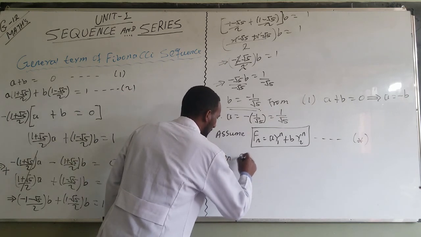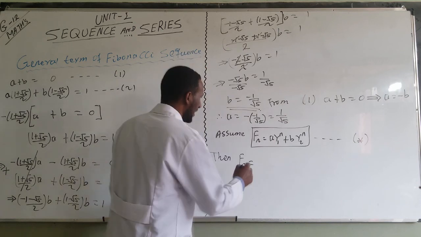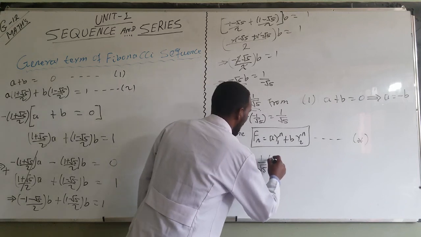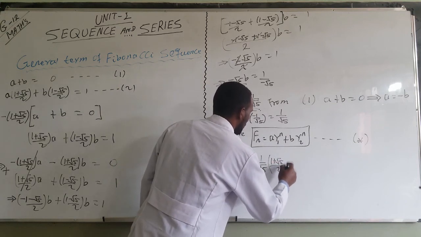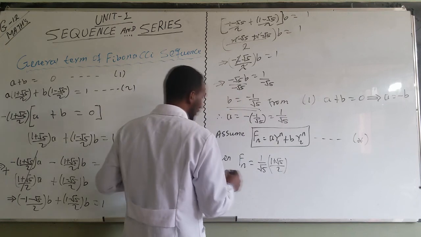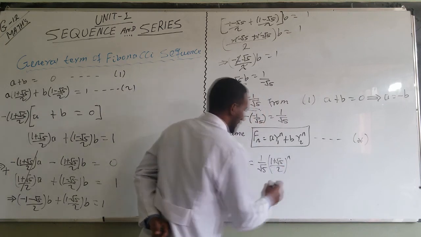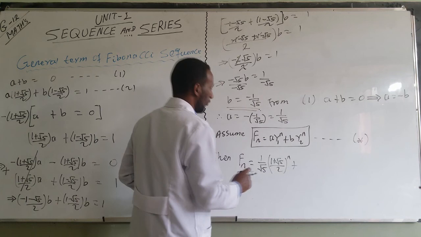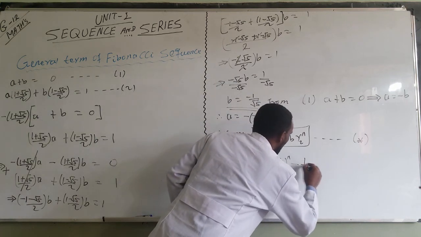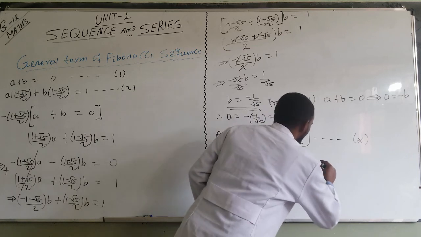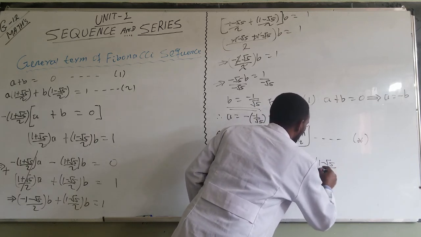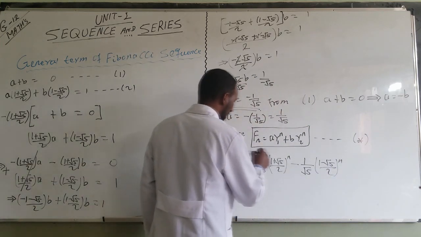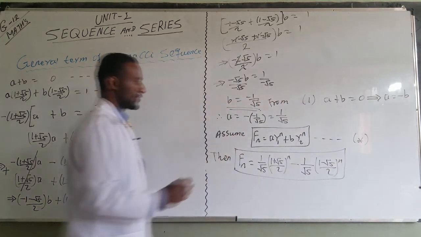Then f of n is equal to 1 over square root of 5 times (1 plus square root of 5) over 2, to the power of n, minus 1 over square root of 5 times (1 minus square root of 5) over 2, to the power of n. Therefore this is the general term of the Fibonacci sequence.